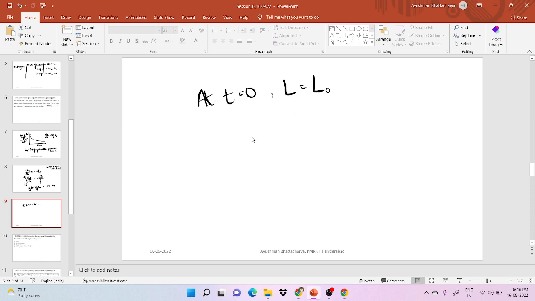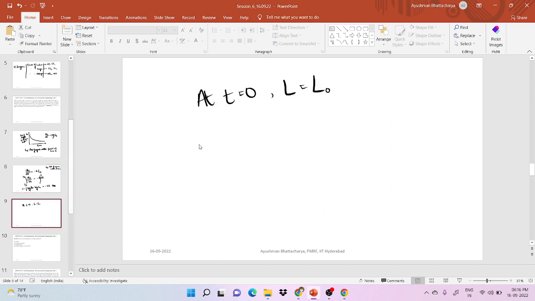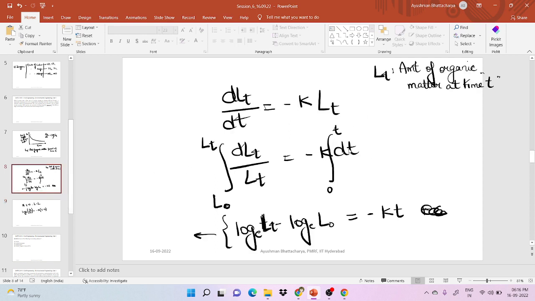So if we write in this form, log e Lt by L naught is equal to k times t minus 0, because the integration is from 0 to t. We can write this equation as log a upon b, because we know log a by b is equal to log a minus log b.